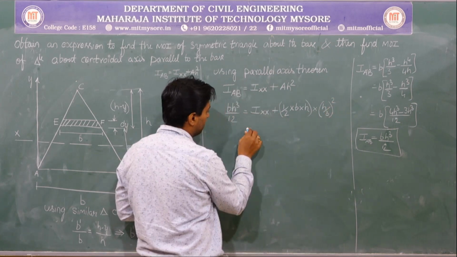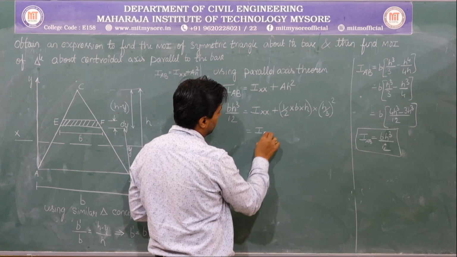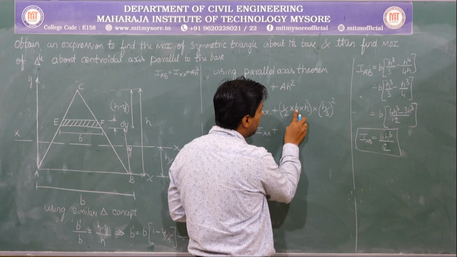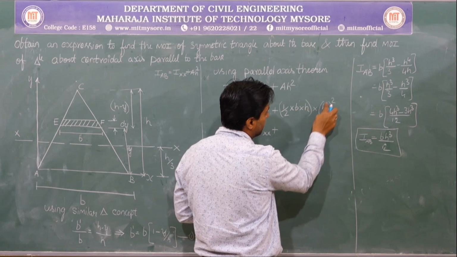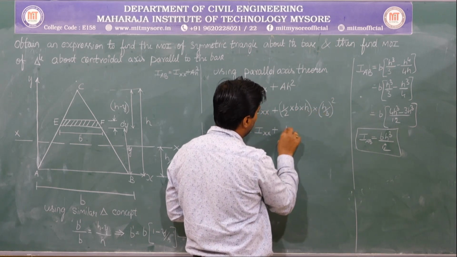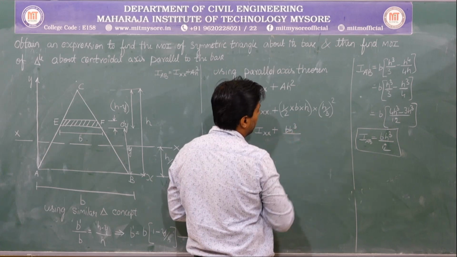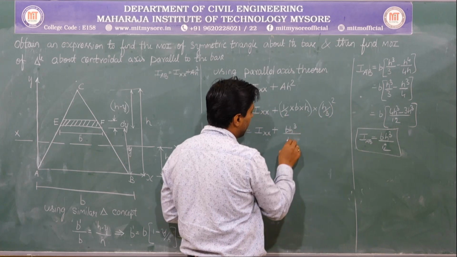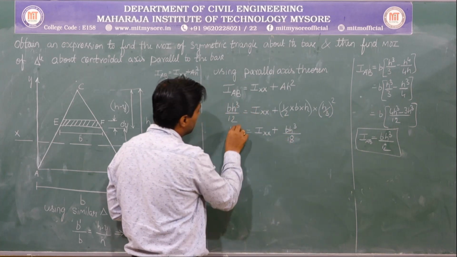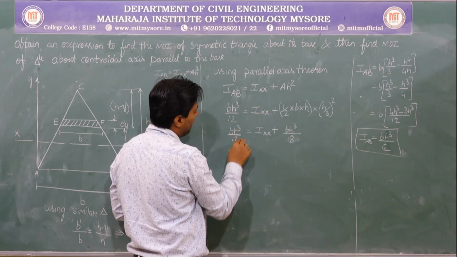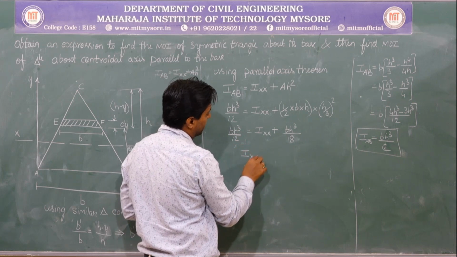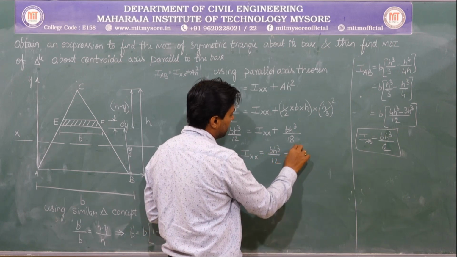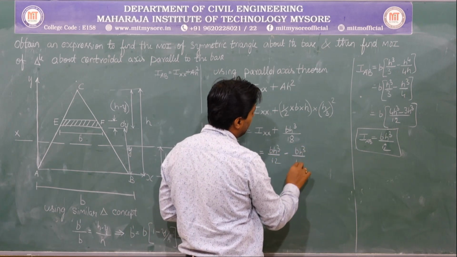So let us try to solve this. IXX, let it be as it is, plus B into H, here it is H square, it will become BH cube. And here we have 2 into 3 square, 9, 9 2s are 18, so this is BH cube by 18. Now I want IXX, which is equal to BH cube by 12 minus BH cube by 18.